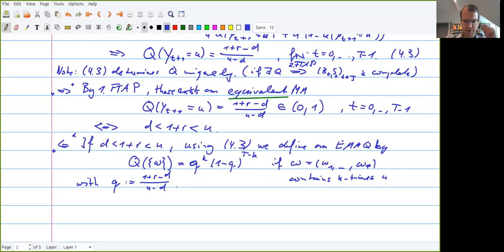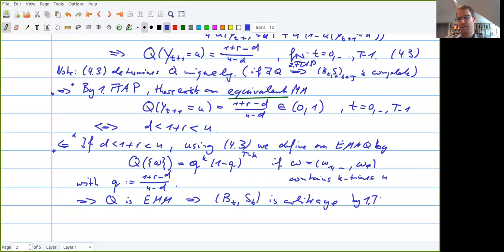So that's the definition, right? Hence Q is an equivalent Martingale measure by the calculation we just have done. And this means the model is arbitrage free by the first fundamental theorem of asset pricing.